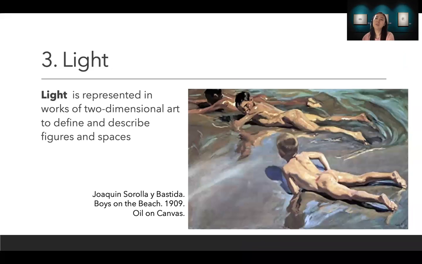And let's move on to the third visual element, light. So light is represented in works of two-dimensional art to define and describe figures and spaces. And by using light, you can make a space and three-dimensional mass on the two-dimensional surface.